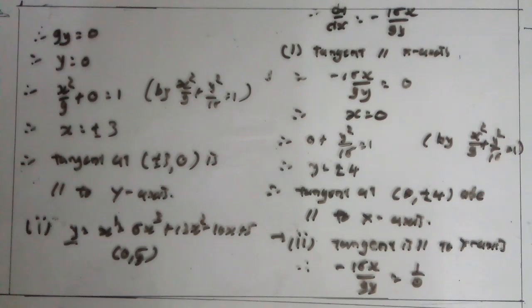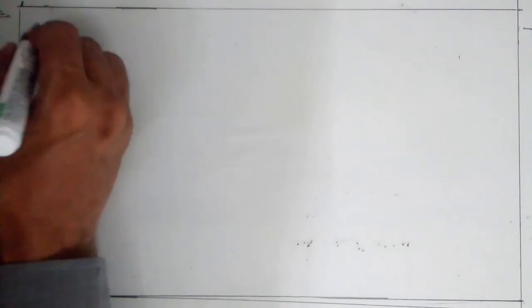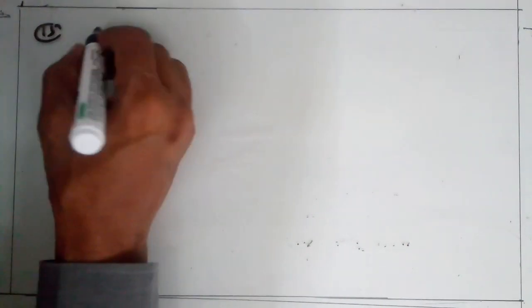Now question number 15, find the equation of tangent line to the curve y is equal to x square minus 2x plus 7, which is parallel to 2x minus y plus 9 equal to 0, and perpendicular to 5y minus 15x equal to 13. Question number 15.